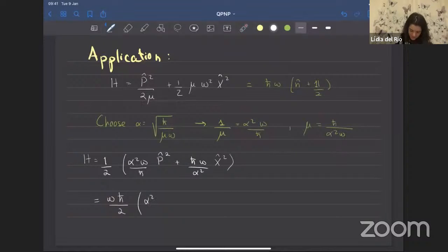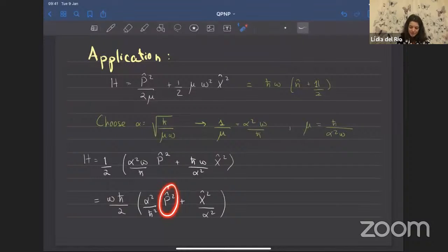So then we have alpha squared divided by h bar squared, p squared, plus x squared divided by alpha squared. And this is really nice because if you remember now the definitions of p and x in terms of A and A dagger, they're very similar to this.